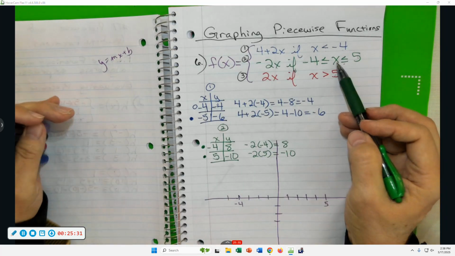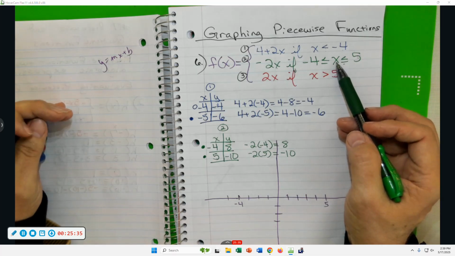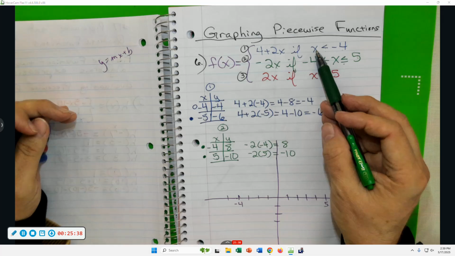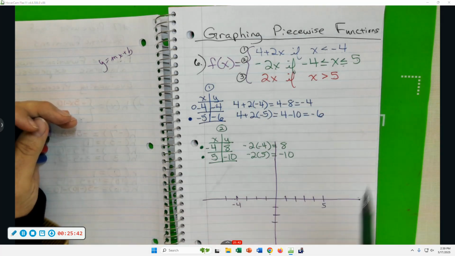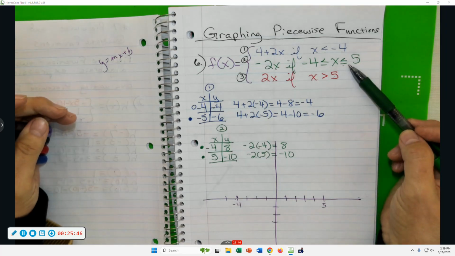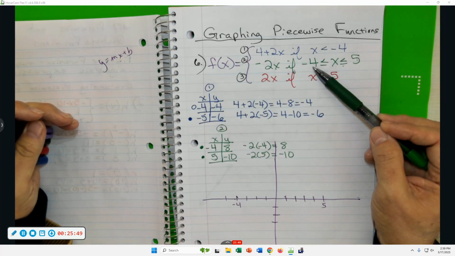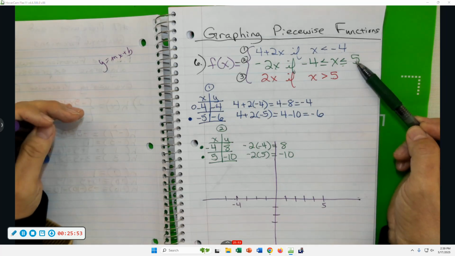Does this interval keep going and going in any direction? The blue interval kept going forever to the left. The red interval is going to keep going forever to the right. But I claim this middle interval, it starts at -4, it stops at 5, so you're not going to have any arrowheads on this middle piece.